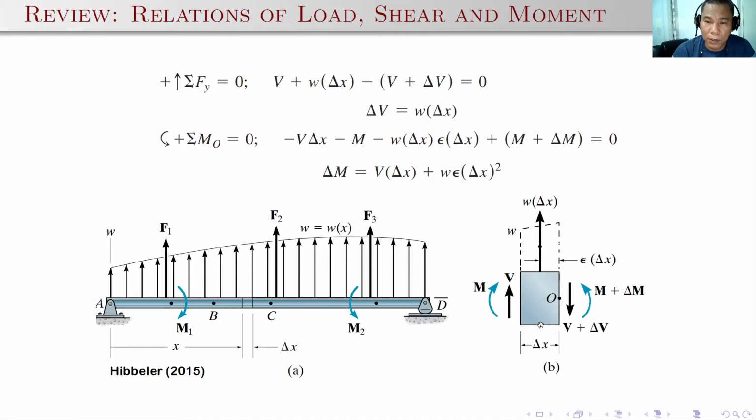Of course, in our case, that's 1/2, plus the remaining moment M plus delta M, which is equal to 0. Again, some of the terms will be cancelled out, especially the M. So the remaining portion of the equation is delta M equal to shear times delta x plus the uniformly distributed load w epsilon delta x times delta x.